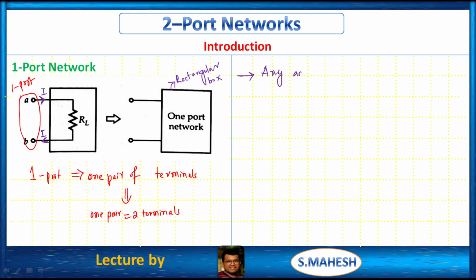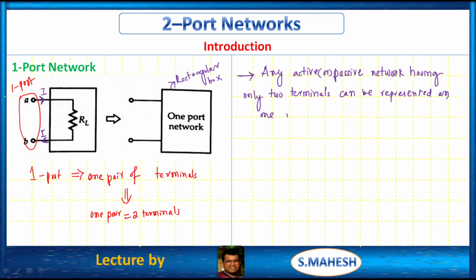The examples for this one-port network are simply resistors, inductors and capacitors.